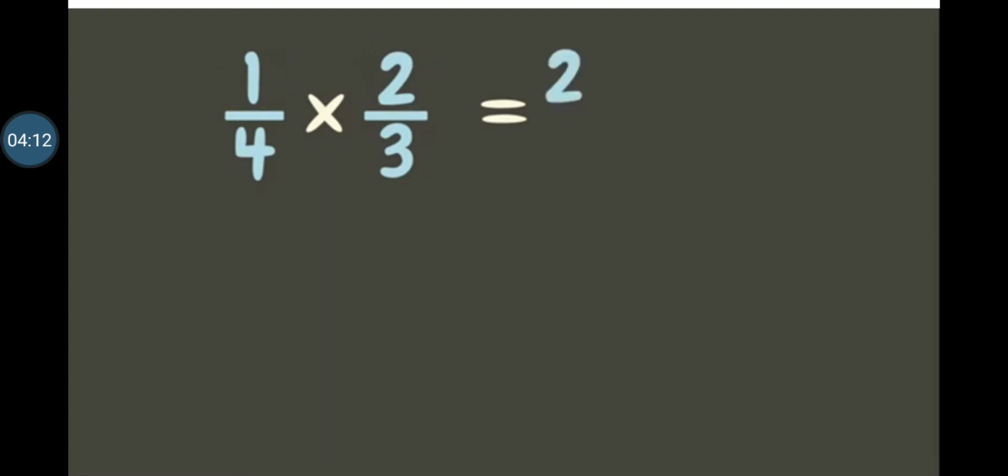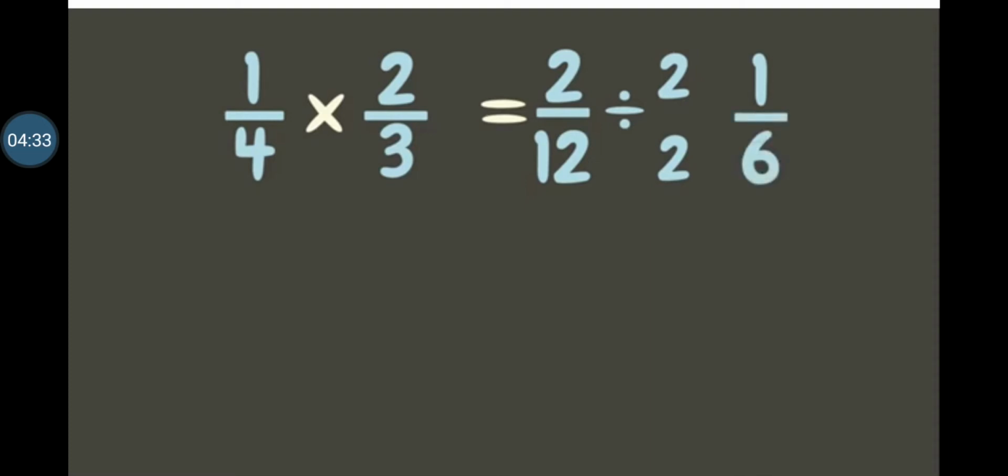So 1 times 2 is 2, 4 times 3 is 12. Now let us simplify the fraction. The common factor of 2 and 12 is 2. So 2 divided by 2 is 1 and 12 divided by 2 is 6. So our final answer is 1 upon 6.